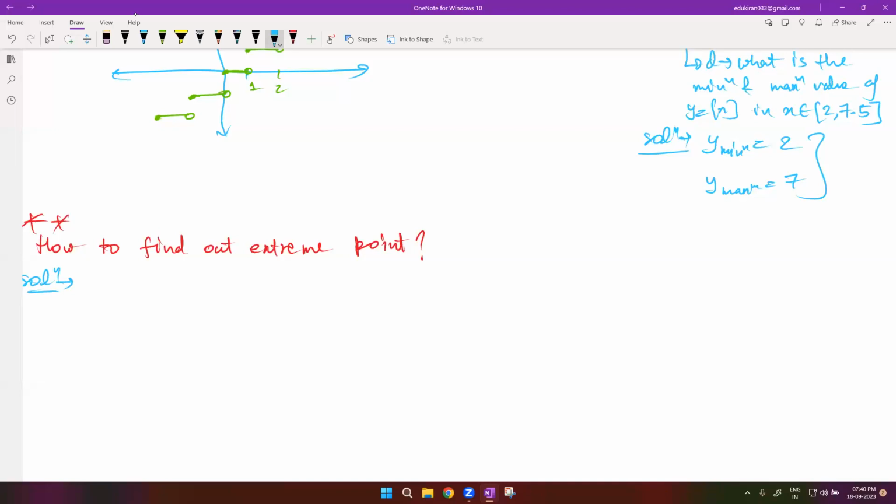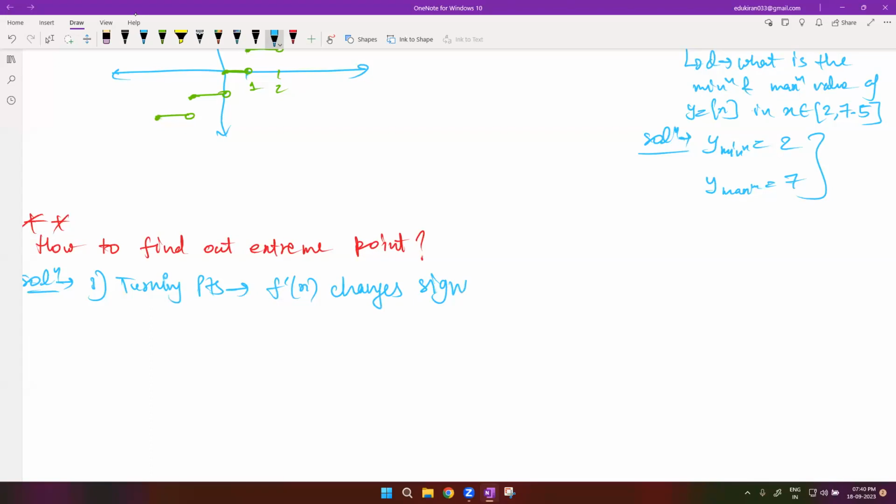So to counter this problem, our first argument is that f dash x changes sign. These are known as turning points. Turning points mean f dash x changes signs.